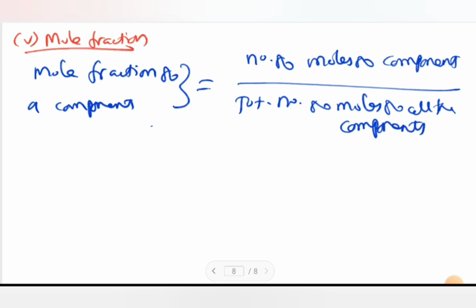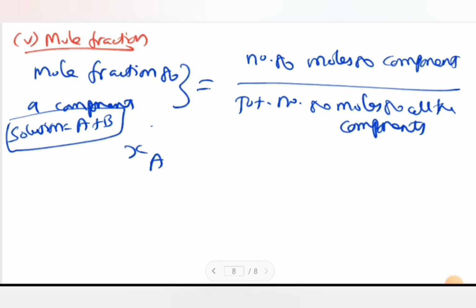Let's say you want to find the mole fraction of a component A. Let's say your solution has two components, A and B. We are about to find the mole fraction of component A. X is the mole fraction. For that purpose you have to find the mole of A, how much mole is dissolved, divided by mole of A plus mole of B. This is the way you can find it.